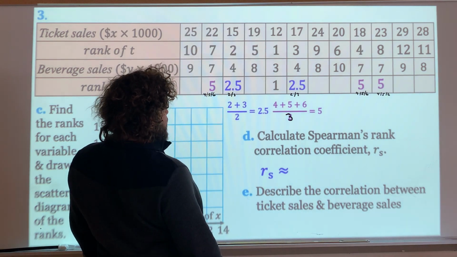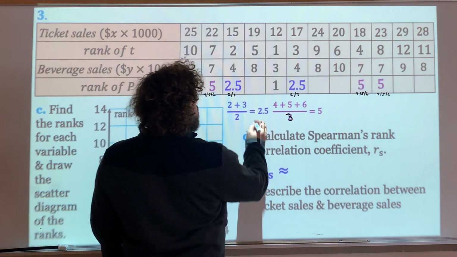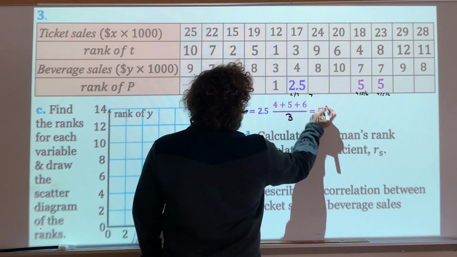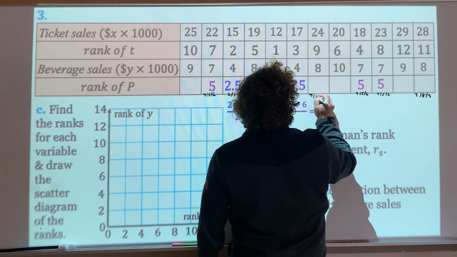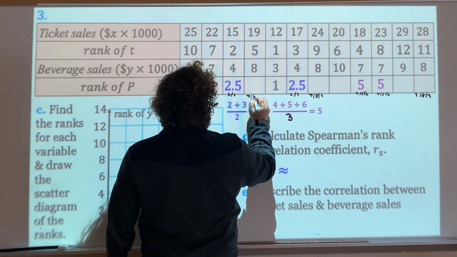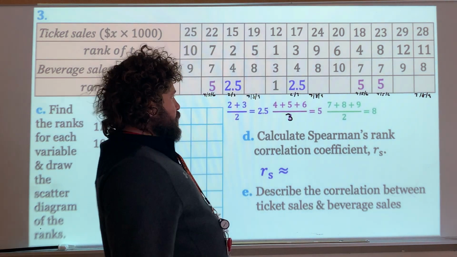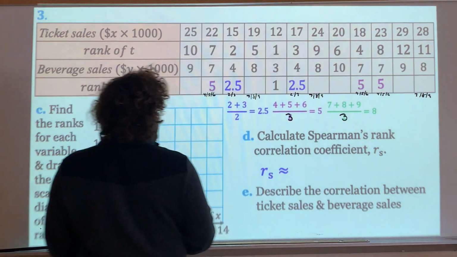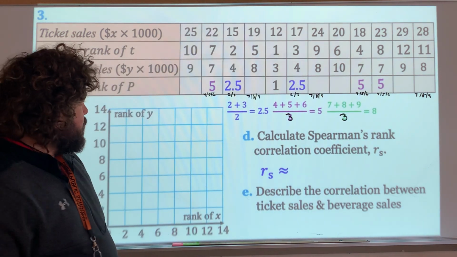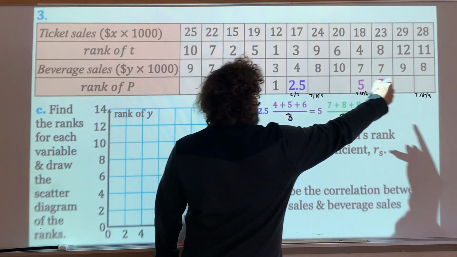All right, so now we're up to 7. 7, 7, 7. There's 3 of them, so 7, 8, and 9. 7 plus 8 plus 9 divided by 3 is 8. I got to get my average numbers better. So this would be 8, 8, and 8.